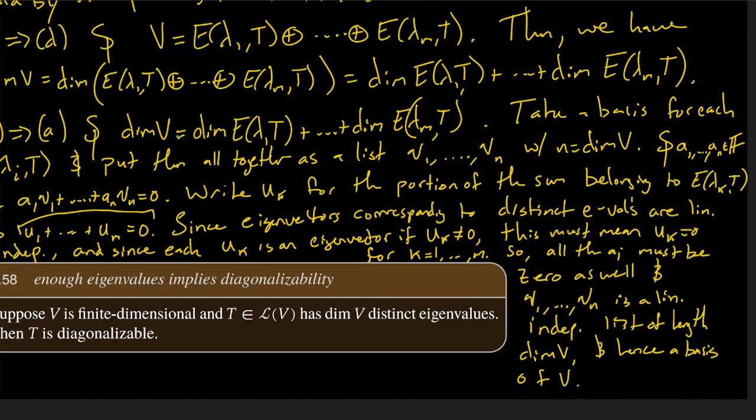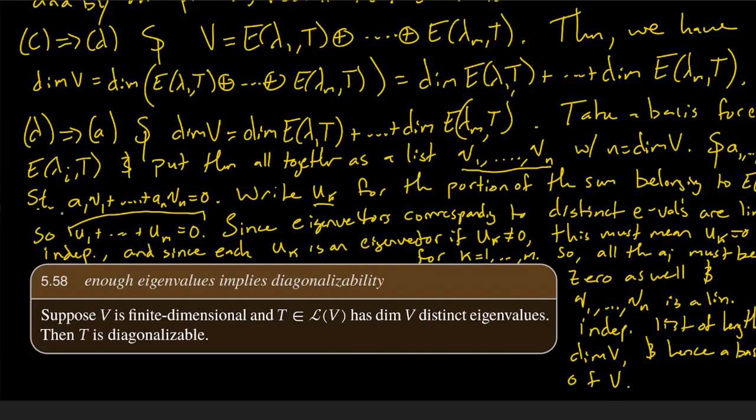equal to the sum of the dimensions of the eigenspaces corresponding to distinct eigenvalues of T. We grab a basis for each one of those eigenspaces, put them all together into a long old list. Okay, now if we group together the pieces from each one of the eigenspaces, then we can rewrite a linear combination of these elements in the list as a sum of elements belonging to each eigenspace.